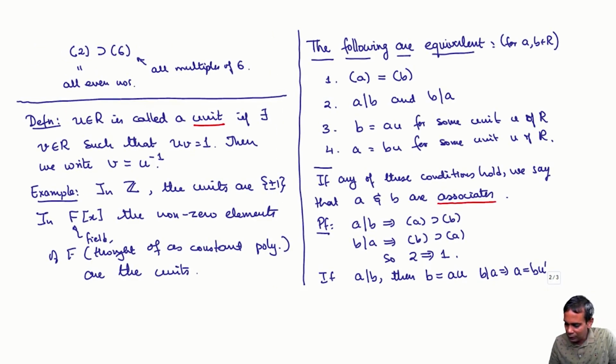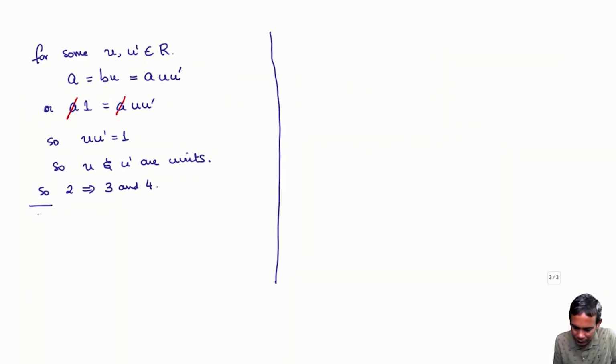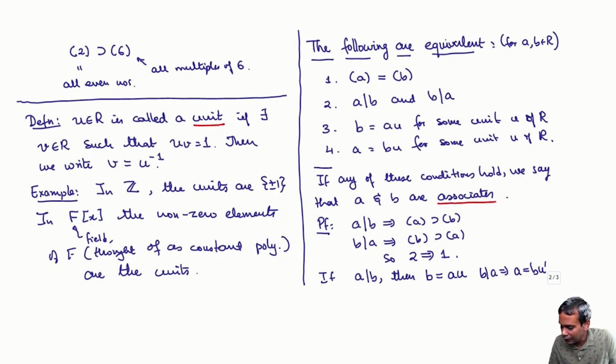And so it remains to show that either 3 or 4 implies 2. Let's say 3 implies 2. So we start off by looking at if B equals AU for some unit.